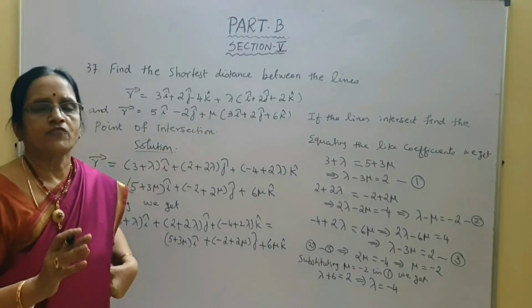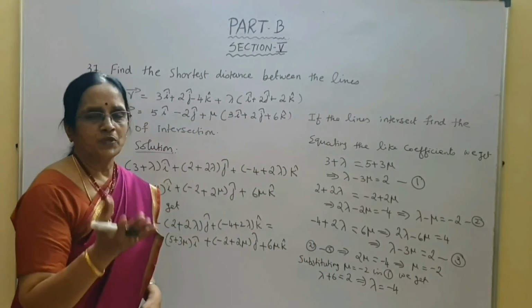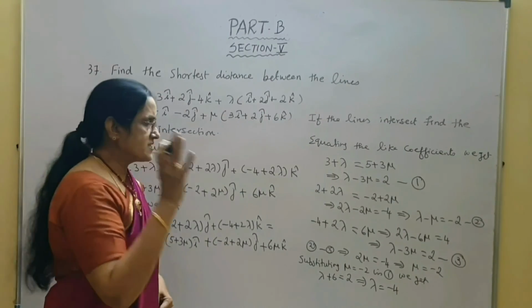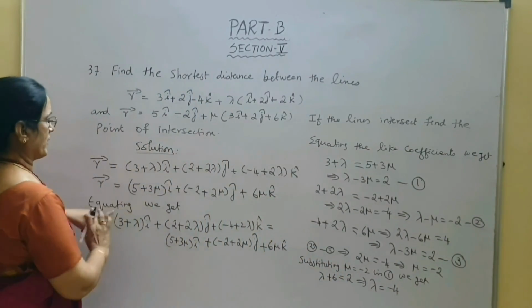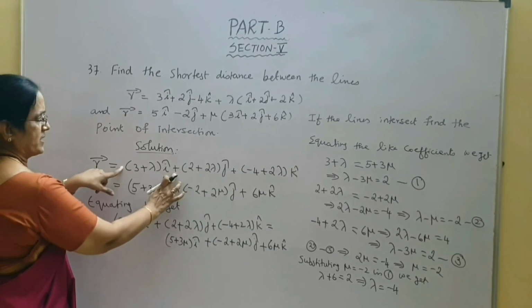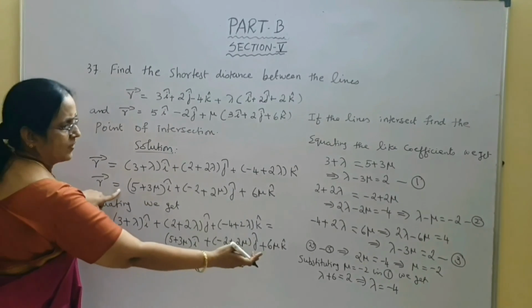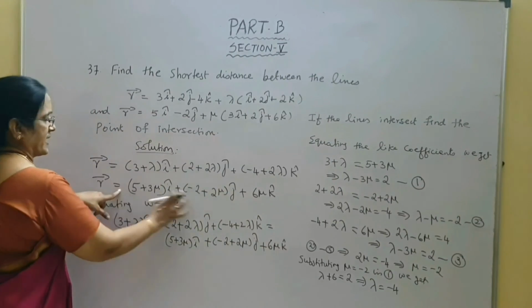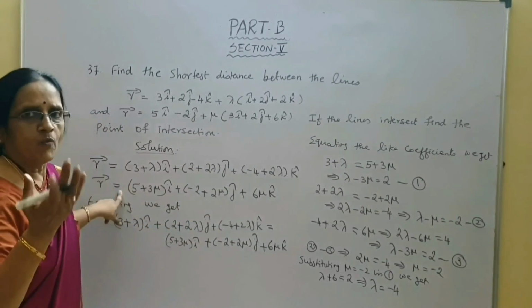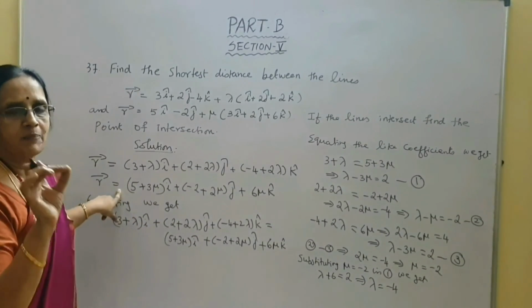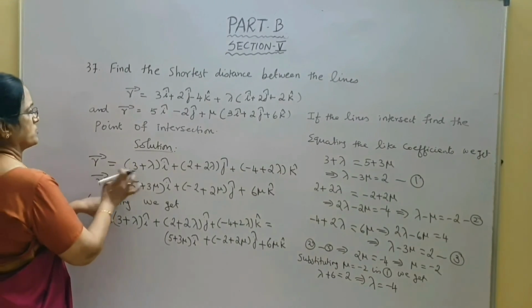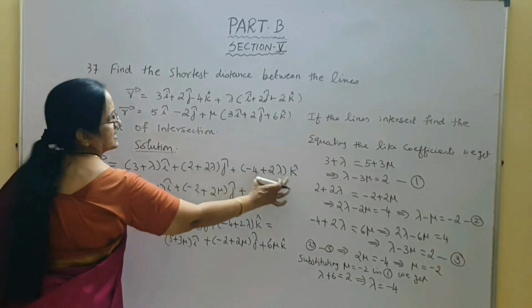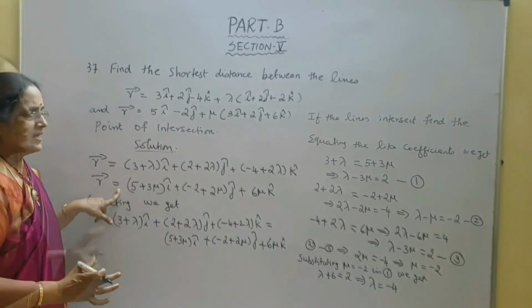So we got the values of lambda and mu. Let us substitute the value of lambda in the first equation, or the value of mu in the second equation. Any one you can do to get the point of intersection, because you will be getting r vector equal to some xi plus yj plus zk. That's what you will be getting.